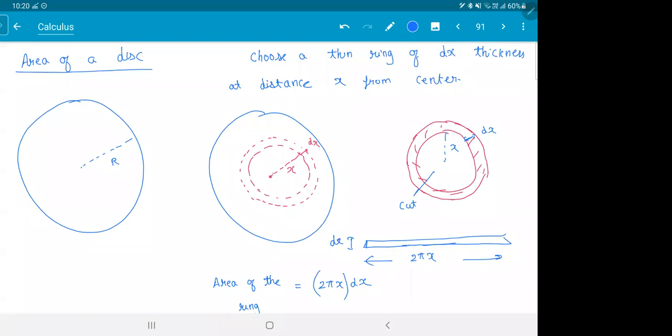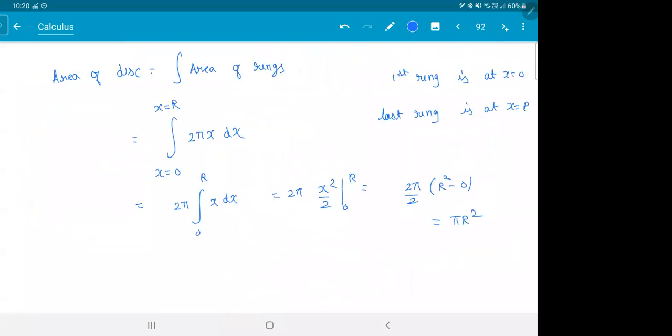Clear? Check out these steps. There is another way to do it without integration. You must have learned it in school. I don't know whether you learned it.